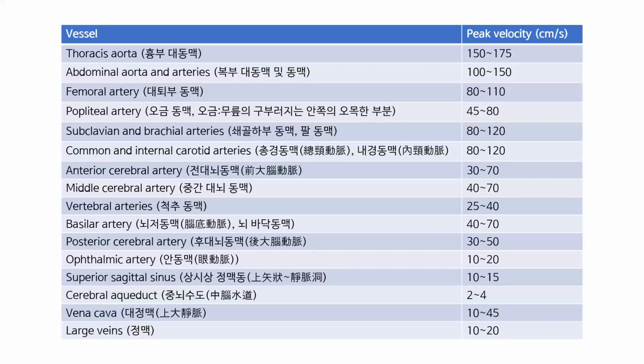This table shows the blood velocity in several different vessels. In the aorta, the velocity of the blood is very high, 150 to 175 centimeters per second. So very high speed flow.